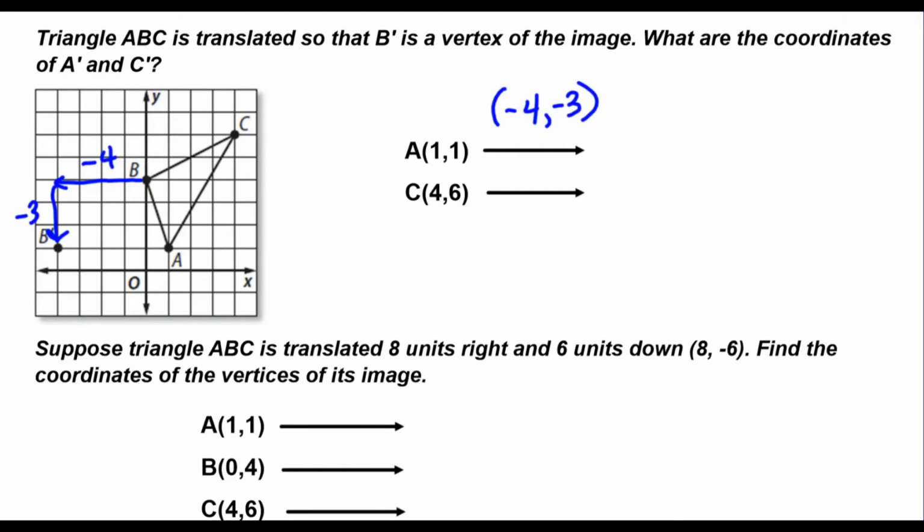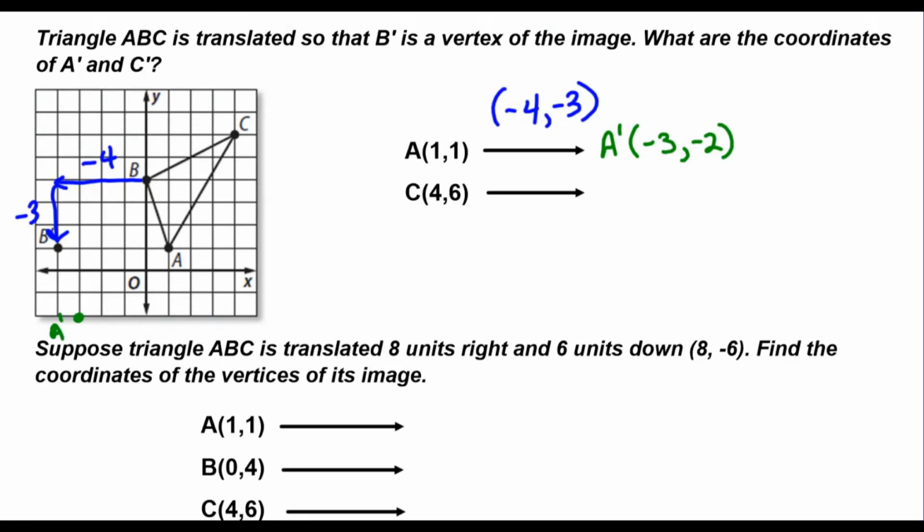So what are the coordinates of A prime and C prime? Where are the new A and C points going to end up if B was moved to its current location? Again, if I take 4 away from the x value on A, A prime is going to be at -3, and the y value is going to be -2. So A prime is going to be at -3, -2, right here.